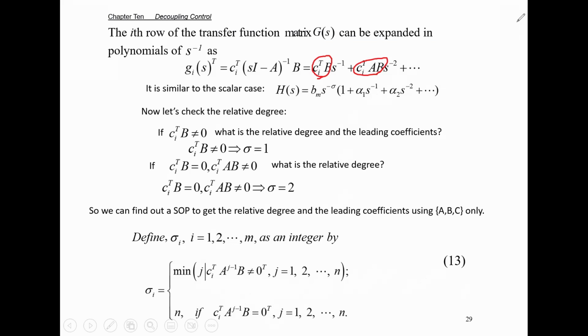Then you define sigma_i. If the first term is not 0, sigma will be 1. If the first term is 0, then you go to the second term, and then sigma will be 2. This is the procedure to compute sigma_i.